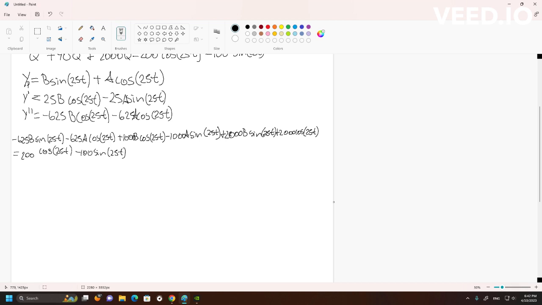So this is what we get when we replace the yp equations with each derivative, or each differentiation, of the yp equation.